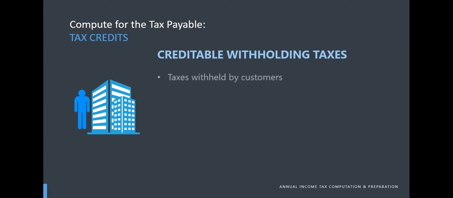So, creditable withholding taxes. Creditable withholding taxes, these are taxes withheld by customers. So, these are evidenced usually by BIR form number 2307. So again, creditable withholding taxes is withheld by customers, not the taxpayer itself. So for every creditable withholding taxes, there must be a supported certificate of withholding. So that is BIR form number 2307.